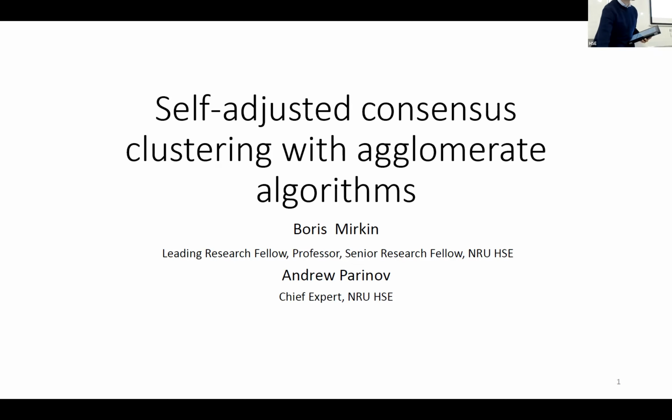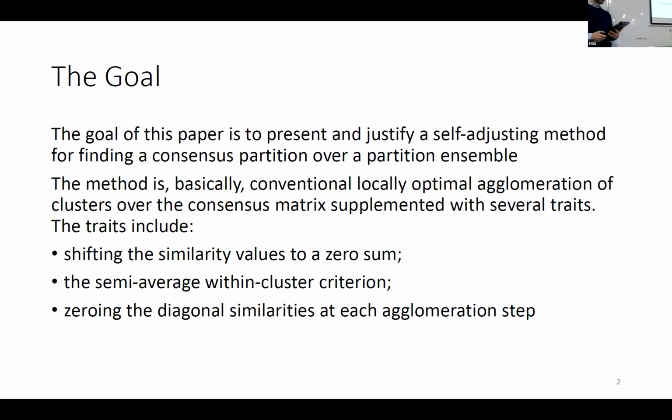This talk is devoted to our new method for constructing a consensus algorithm. The goal of this paper is to present and justify a self-adjusting method for finding a consensus partition over a partition ensemble.